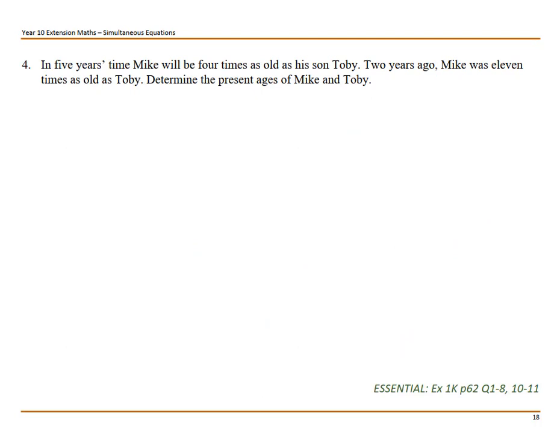Last example. In 5 years' time, Mike will be 4 times as old as his son Toby. Two years ago, Mike was 11 times as old as Toby. Determine the present age of Mike and Toby.